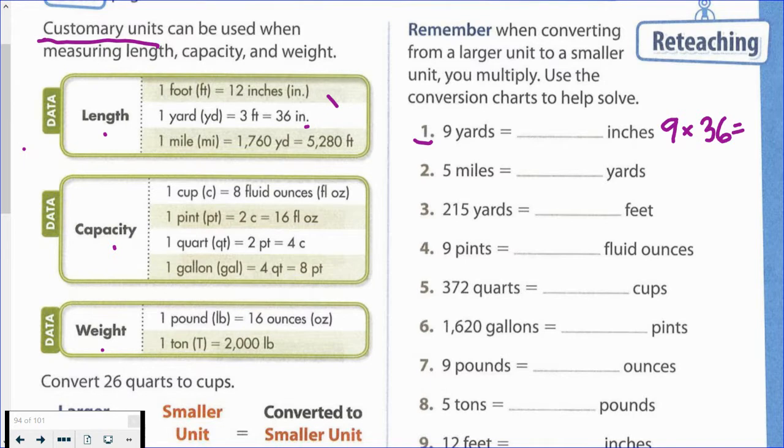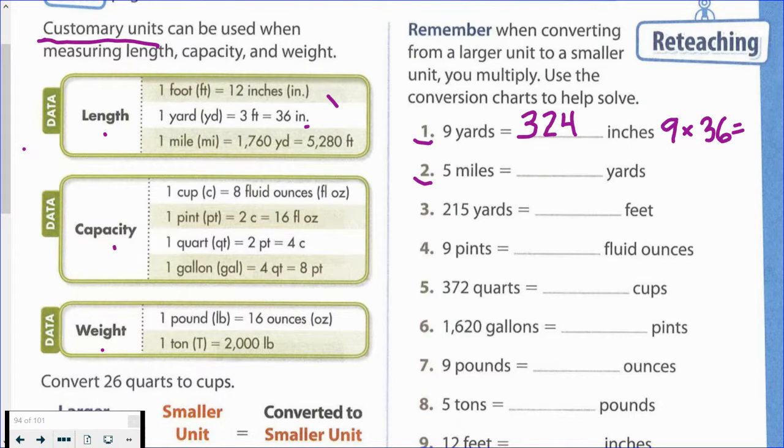So if we use a multiplication equation, we can find the answer. Grab your calculator or solve it on some scrap paper. If you need to pause the video and solve it, go ahead. Just hit play when you're ready. So in your calculator, you can type in 36 times 9, and you wind up with the answer of 324 inches. Okay, so let's try another one.